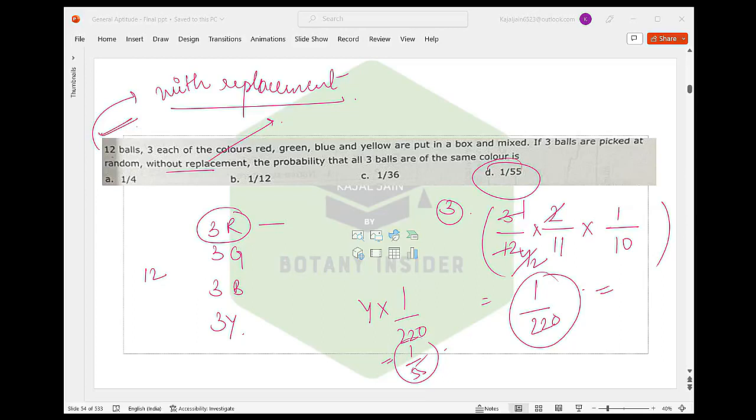Done everyone? Quickly mark the answers. Devika, mark the answer quickly. Let's see. Very simple.